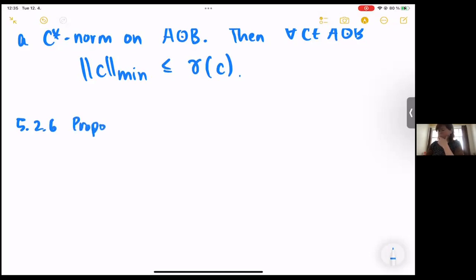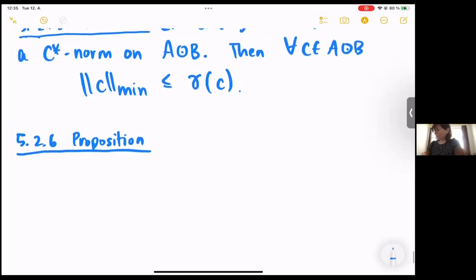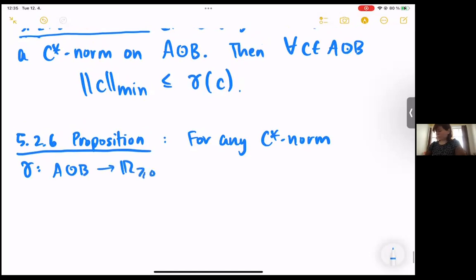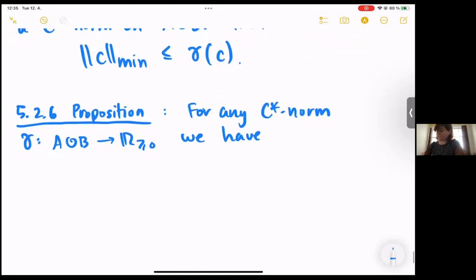But a nice proposition or corollary that we can see immediately from this is that for any C-star norm gamma, we have that gamma of a tensor b is the norm of a times the norm of b.